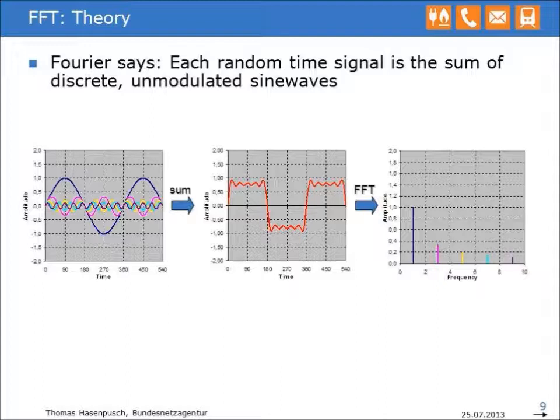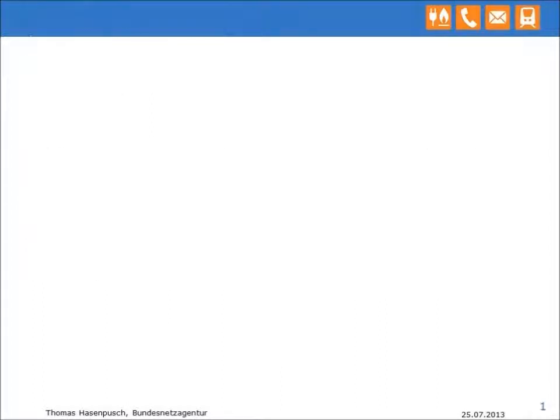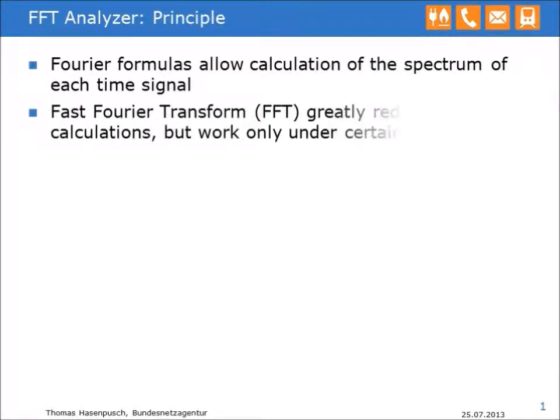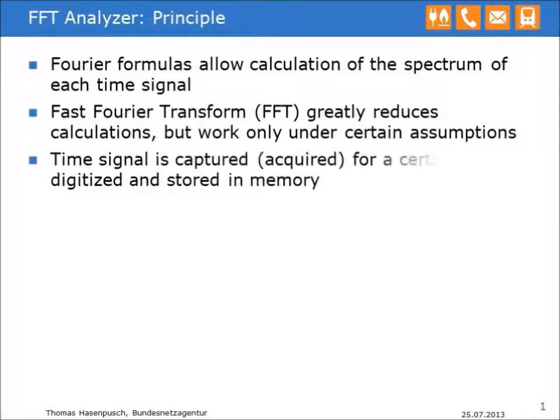This is the signal we feed to the antenna, and that is the display we expect from the analyzer. The formulas allow the calculation of the spectrum in any case, but it requires a large amount of calculations. And the fast Fourier transform greatly reduces the calculations.